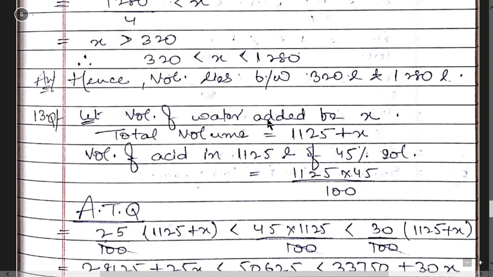Suppose we have to add x liters of water, volume of water to be added x. Total volume, it means 1125 plus x. Volume of acid in this 1125 liter of 45% solution is 1125 multiply 45 divided by 100.